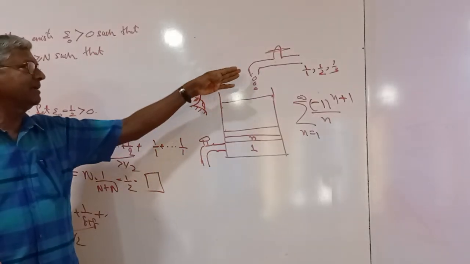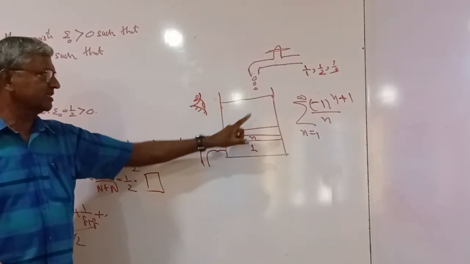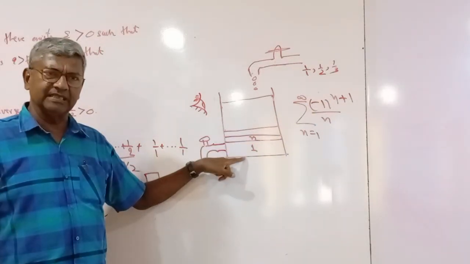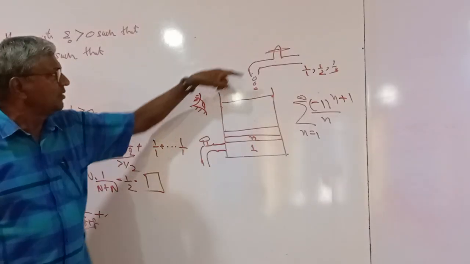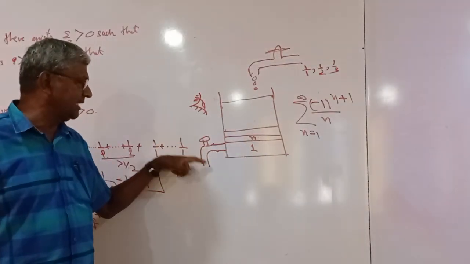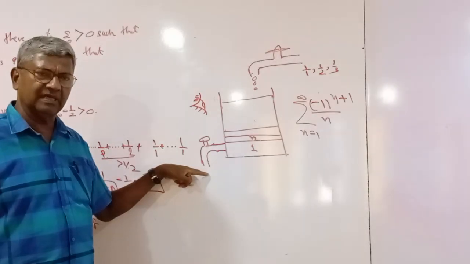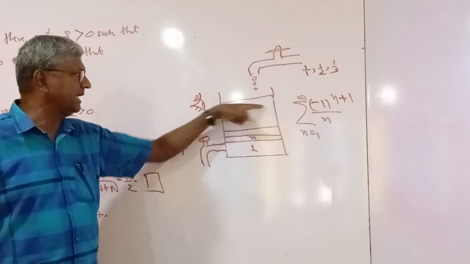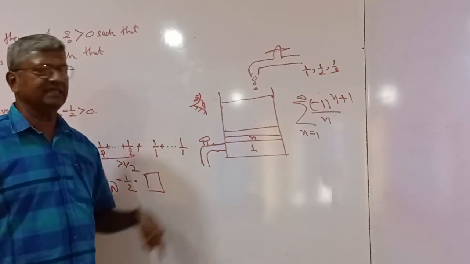So if you are at n=1, first time you send 1 plus 1 over 1 water to here, so you open this tap. Second, it is negative 1/2 you are sending out. Next, you are adding water, sending water, adding water, sending water, adding water, sending water.